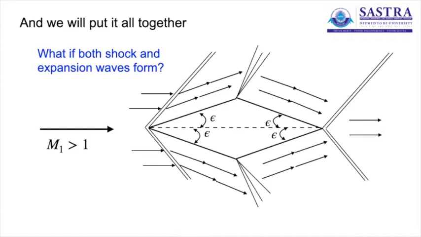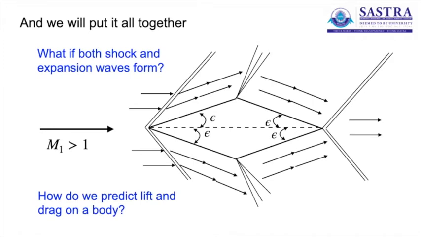Then we could expect shock waves in some places, expansion waves in others, and with the corresponding increases or decreases in pressure, we may expect lift or drag. And the question is, how do we predict those?